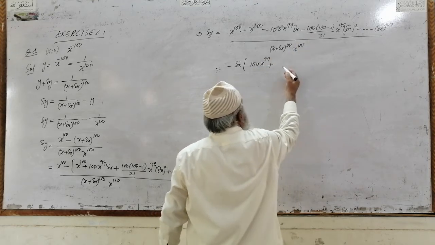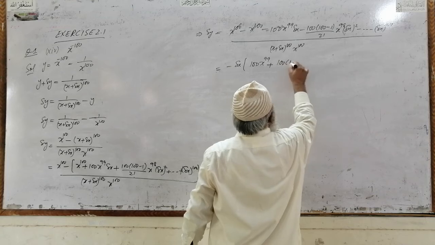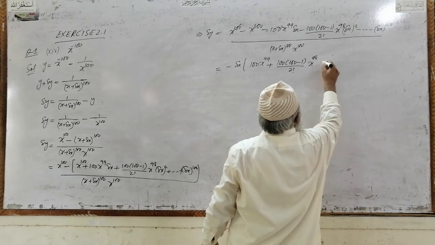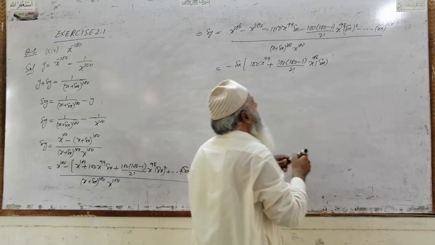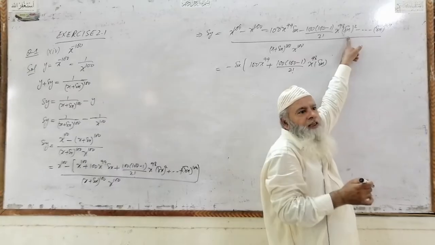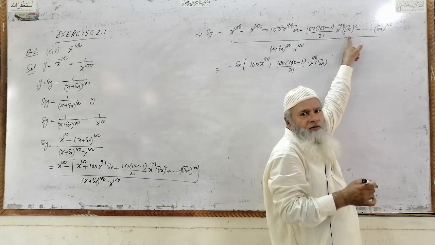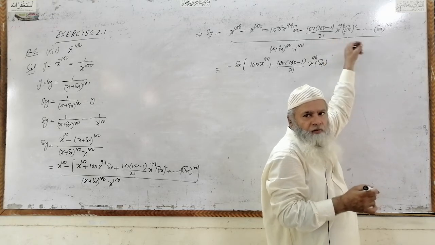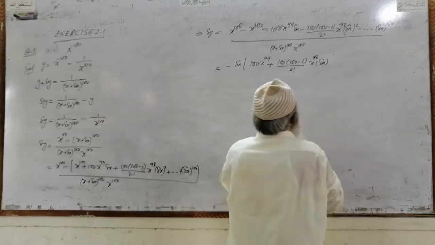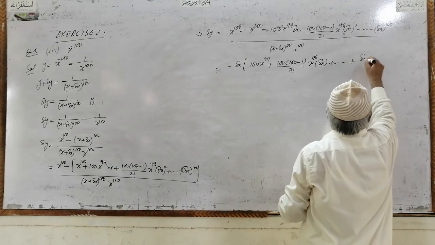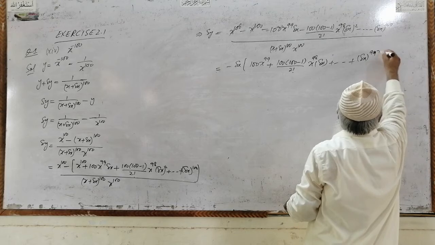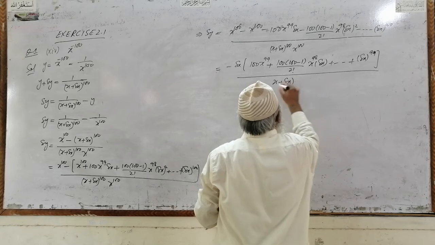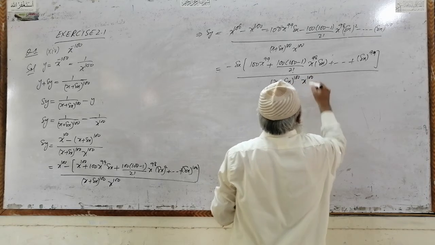Obviously from here once again you will have positive sign 100 into 100 minus 1 over 2 factorial x raised to power 98, and look here, because delta x has been taken common, this delta x square will become delta x, because one power of delta x has been taken common from each term of the numerator. Likewise, you will have here delta x raised to power 99, and on the denominator you will have x plus delta x raised to power 100, x raised to power 100.